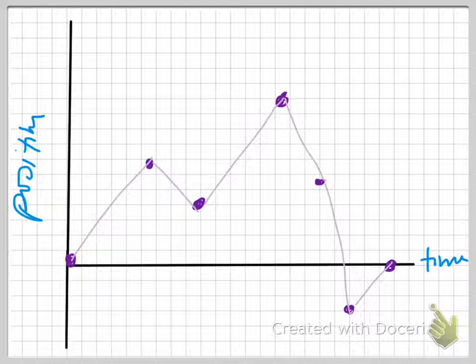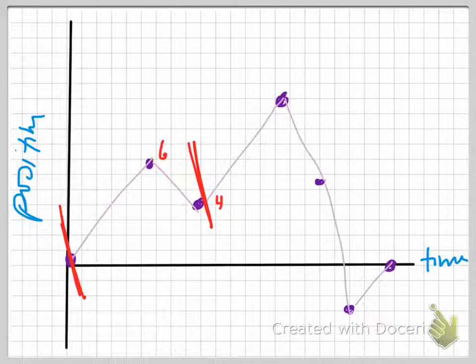Okay. For any one of these segments, we can look at that segment. Well, displacement, 0, 1, 2, 3, 4, 5, 6, 7, 8, 9, 10, 9, 8, 7, 6, 5, negative 3, back to 0.